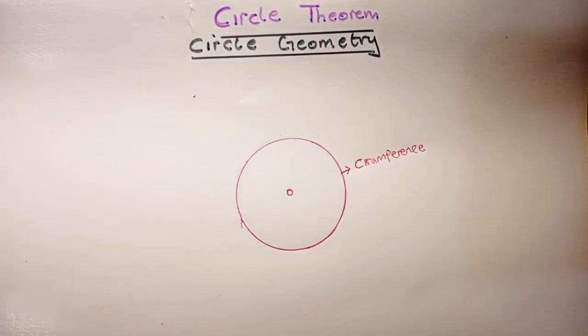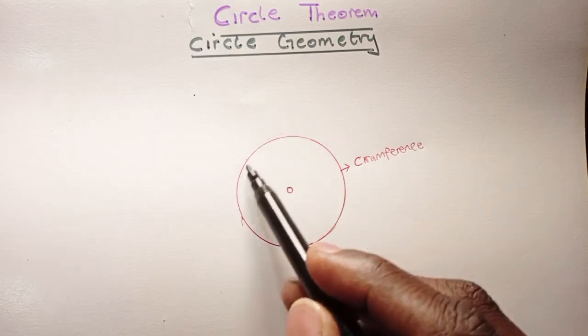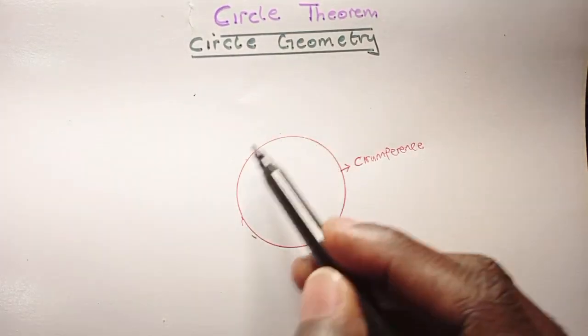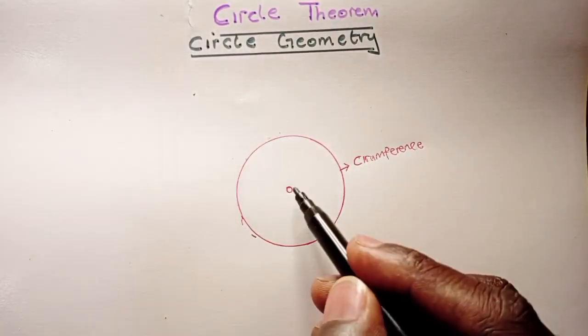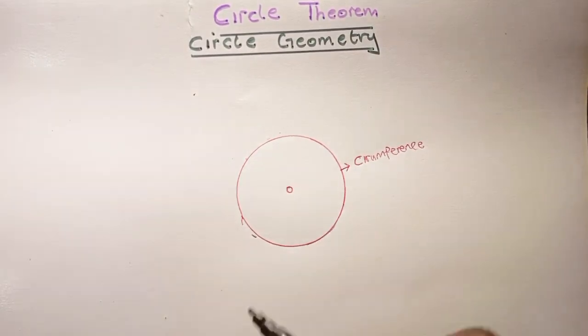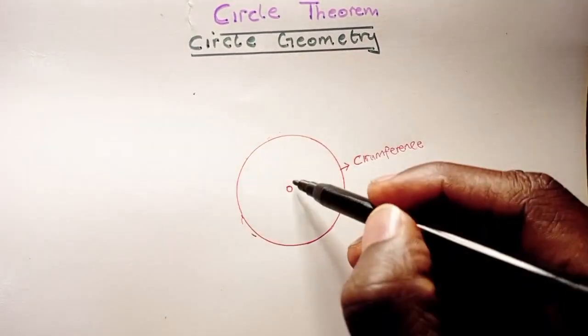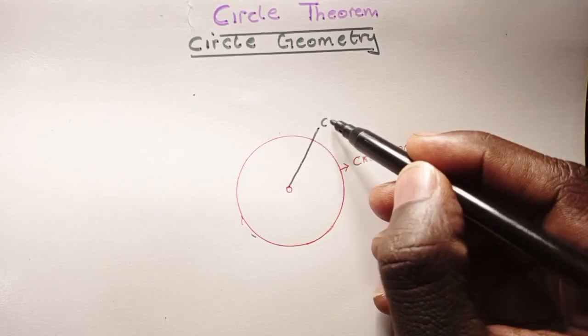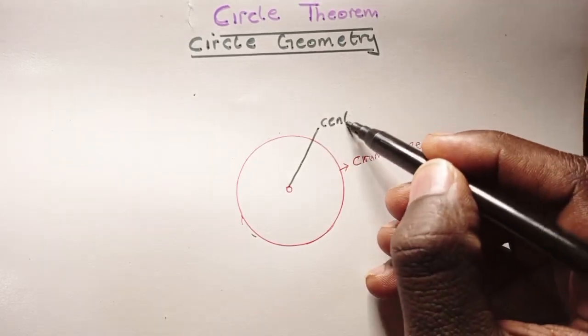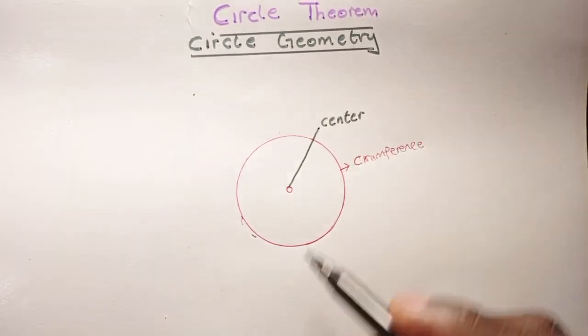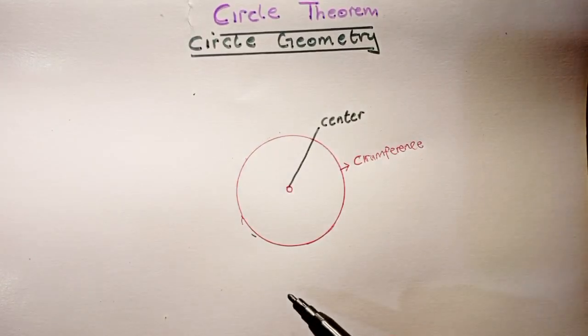So when I say circumference, just know I'm talking of any point on this whole circle. And then this here is the center of the circle.